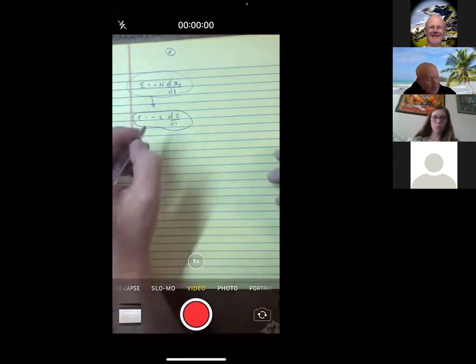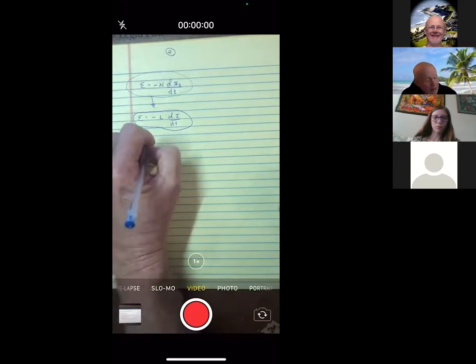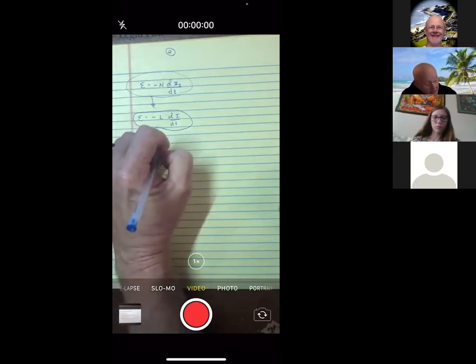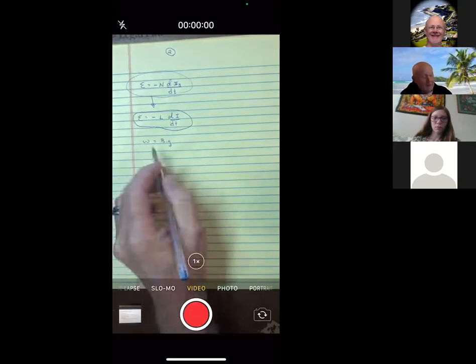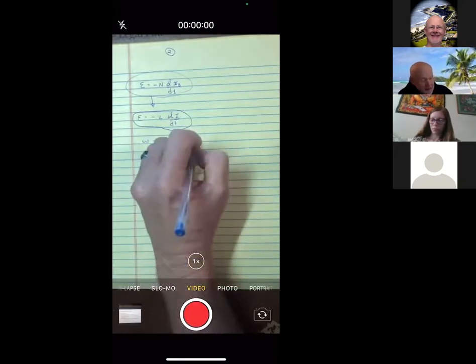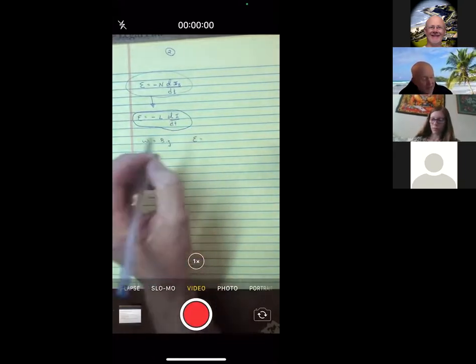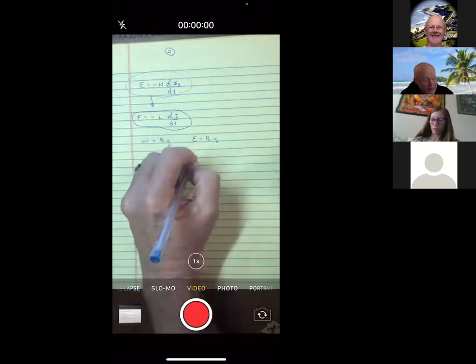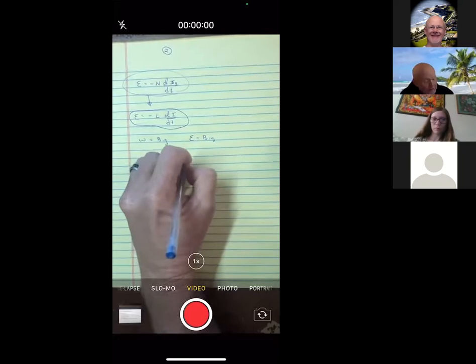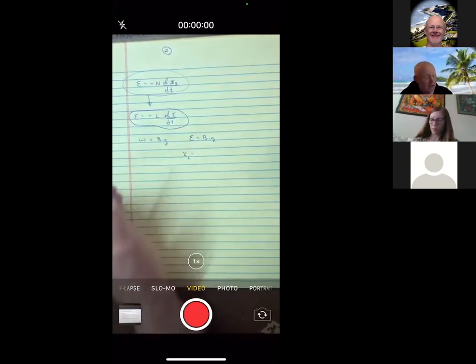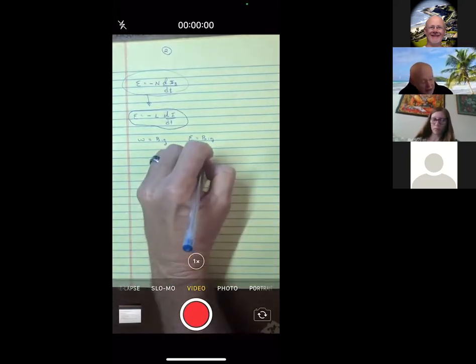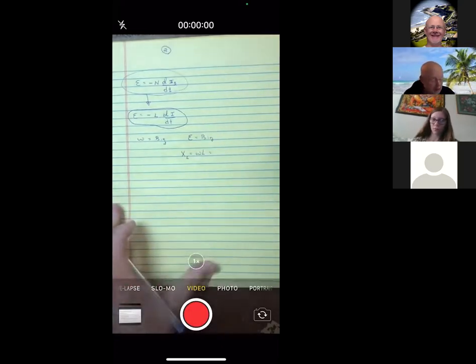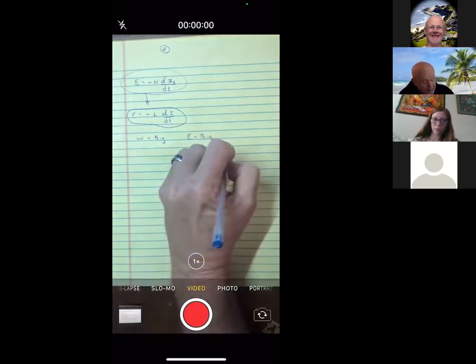So if omega is big, then the back EMF is big. Or if we put it in mathematical form, we learned that there was a reactance for our inductors as omega L, and that would be big.